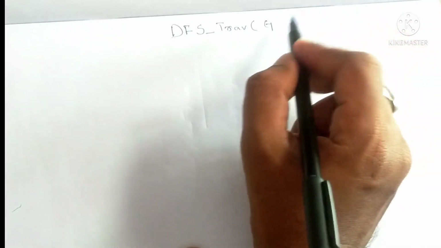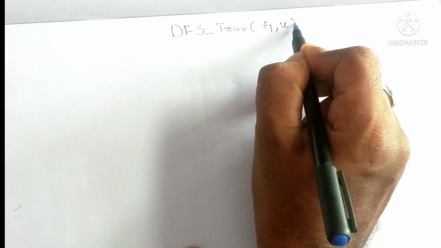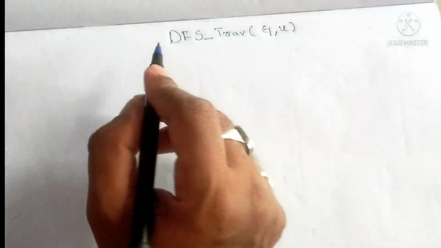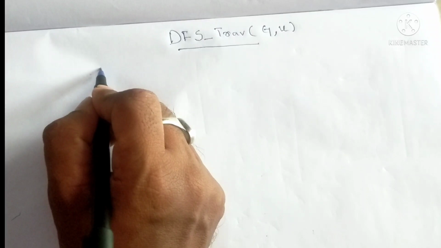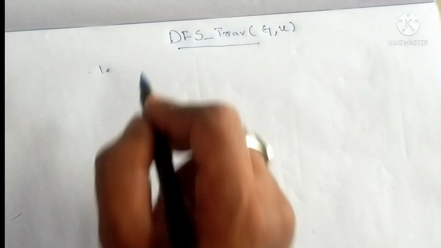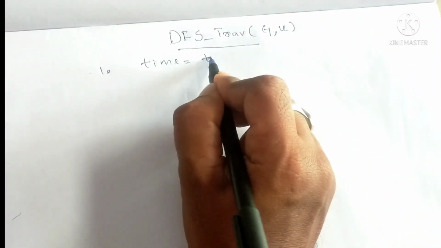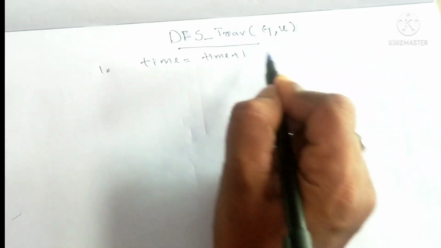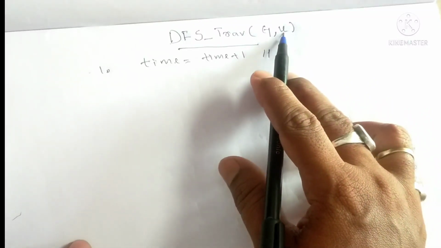It takes the same graph G with the vertex U. In DFS Traversal, the first step, as I told you, uses the timestamp. So increase the time value. Initial time value was 0. Now the time value plus 1, so the value is now 1. So at 1 unit time we will process your vertex U.